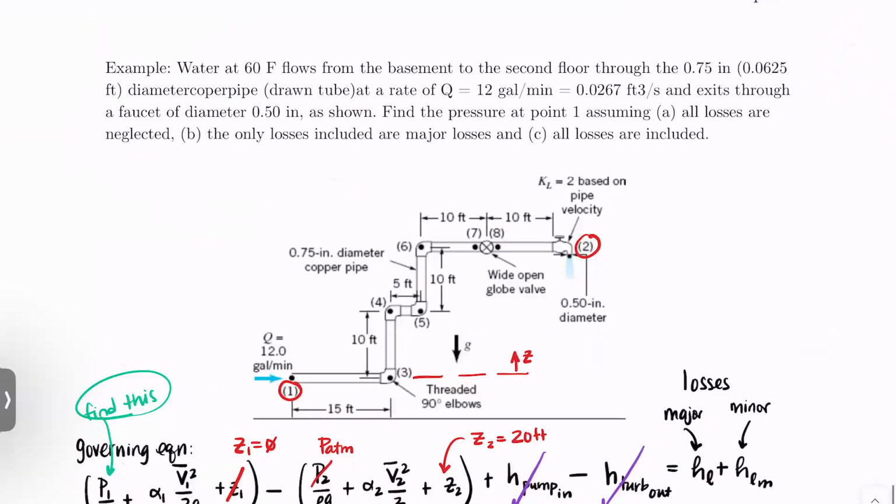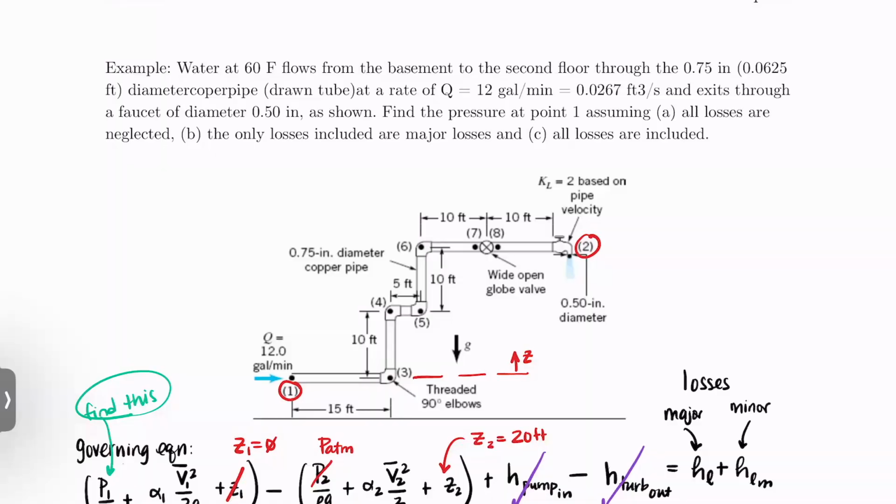Okay, so if we go back to this picture, a turbo machinery is going to look like a turbine in the system or a pump in the system. And if it's in here, it'll be clearly called out by the picture, but we can see that as we go from point 1 to point 2, we're flowing through straight sections of pipe, some threaded elbows, a valve, and a faucet.